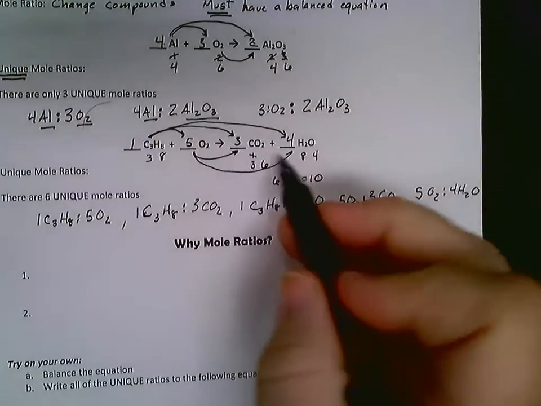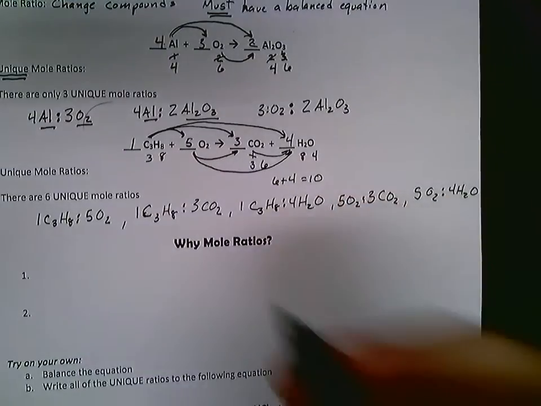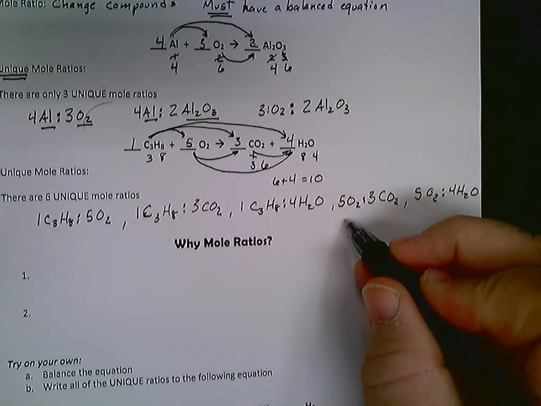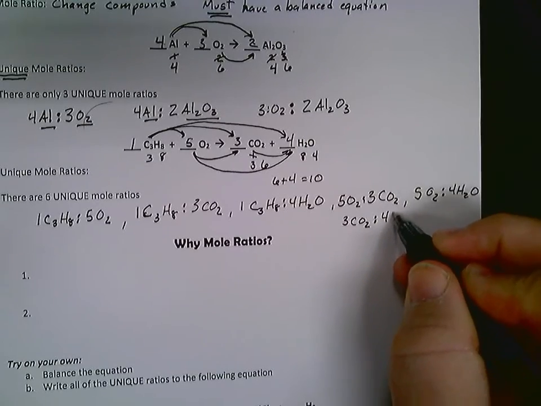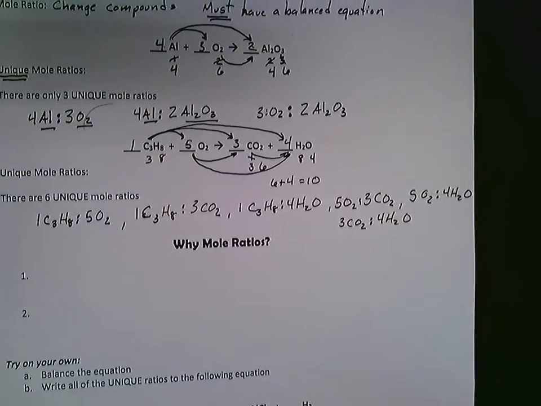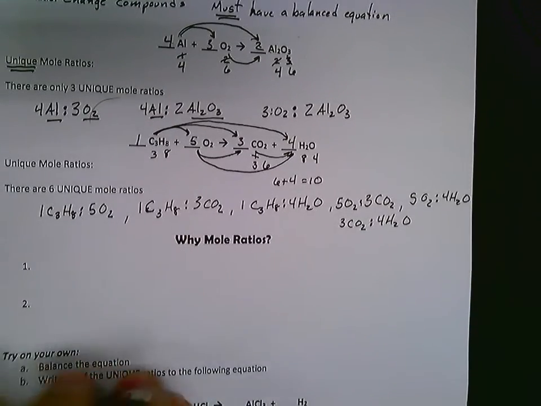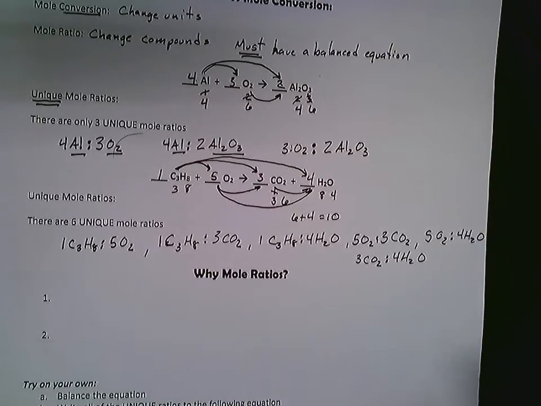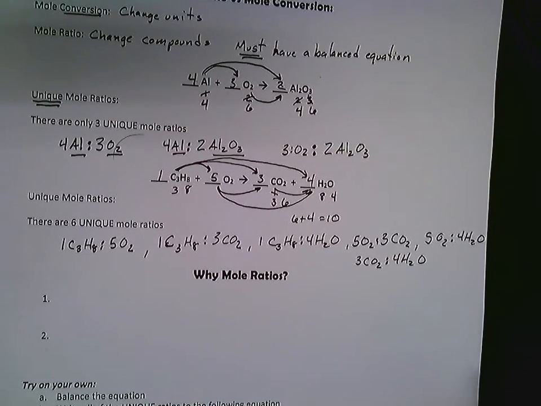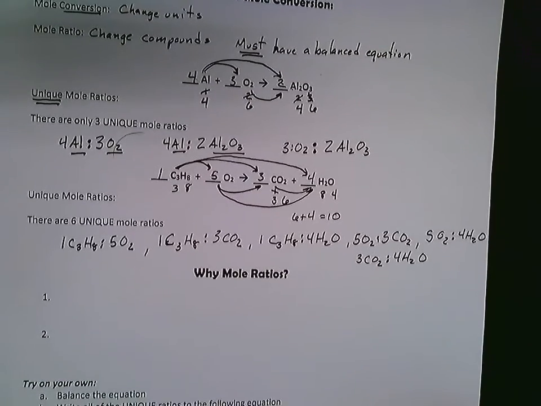And then, of course, finally, we can also compare the carbon dioxide to the water. So our last one, our sixth one, is going to be 3 CO2 to 4 H2O. Again, taking the time, going step by step like this, foiling, in essence, like with mathematics, I know you guys love that, is probably your best way to do this.